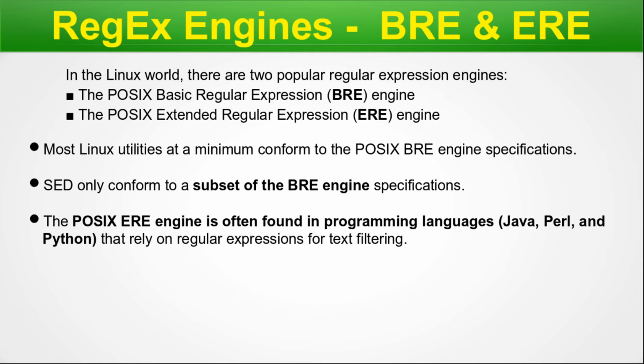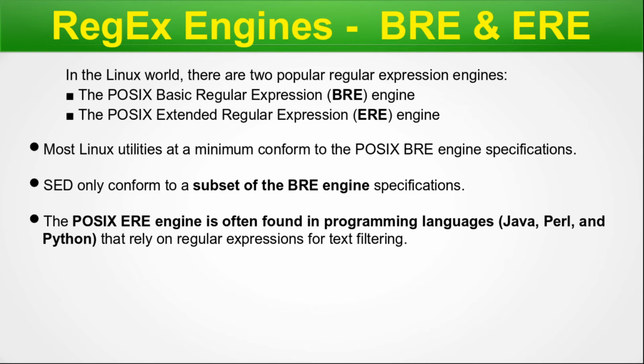The POSIX ERE engine is often found in programming languages like Java, Perl and Python that rely on regular expressions for text filtering. So we know that Java, Perl and Python are widely used for regular expression matching. In these cases these engines have the ERE.